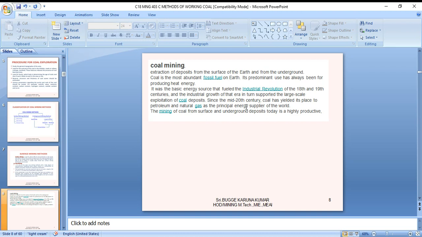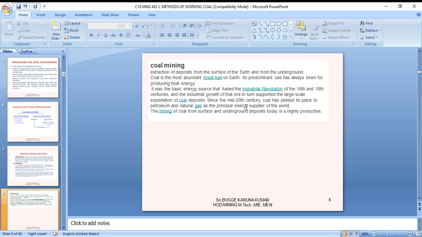The extraction of coal deposits from the surface of the earth and from underground, coal is the most abundant fossil fuel on earth. Its predominant use has always been to produce heat energy.